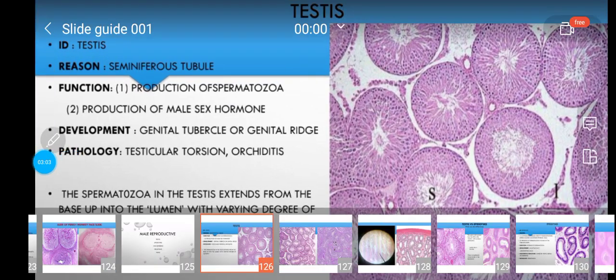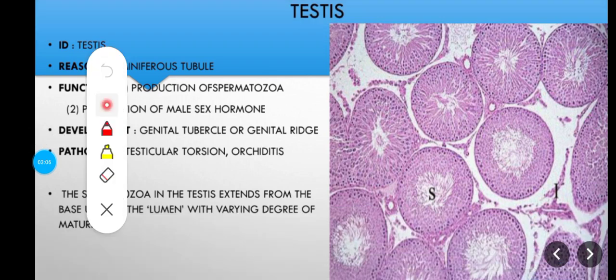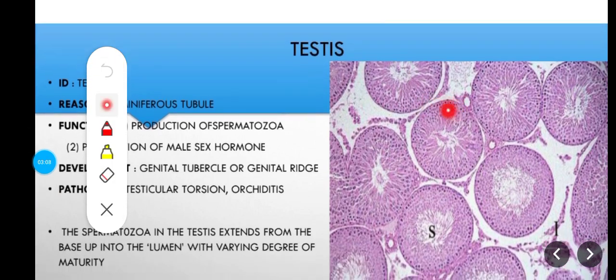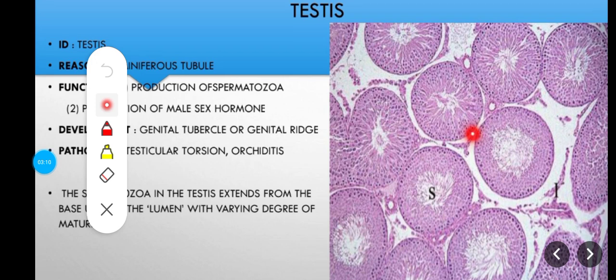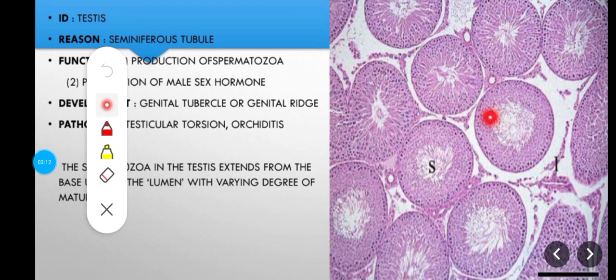Now, these things that we can see in transverse section comprise the seminiferous tubules, and the seminiferous tubules are where the spermatozoa are made.